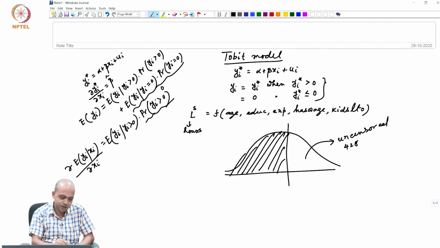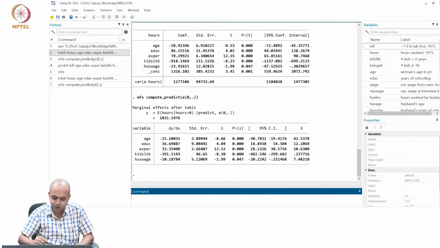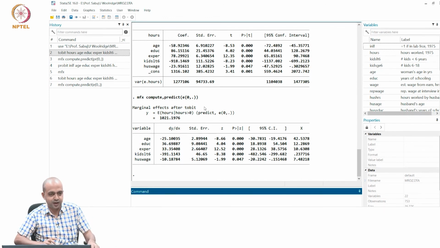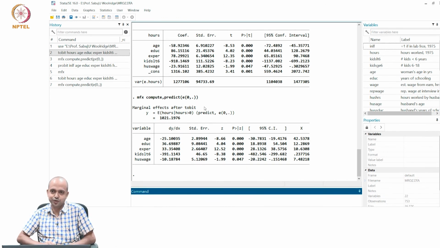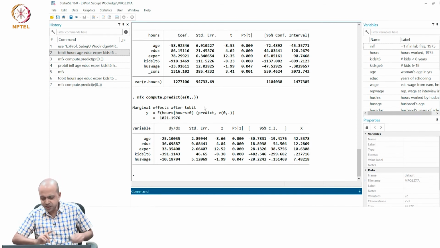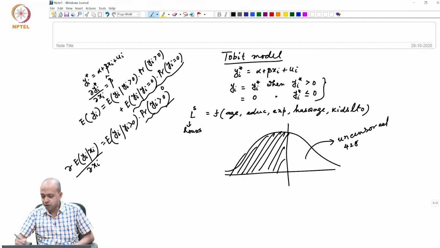Look at this, the expectation of y given y greater than 0, multiplied with the probability, and Stata is also first calculating this expectation of y given y greater than 0 and then this probability. So, that is how you can get the marginal effect of the Tobit model, and you should not directly use the coefficients from the Tobit model as the marginal effect. So, this is basically the Tobit model that we have discussed.